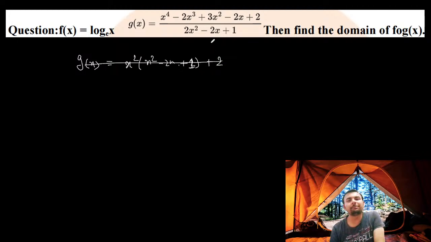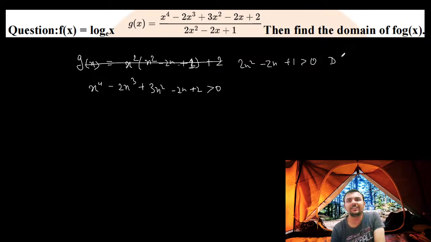Now what will happen? D is less than 0, so x belongs to R, but the upper term should be positive. That means x to the power 4 minus 2x cube plus 3x square minus 2x plus 2 should be positive, because 2x square minus 2x plus 1 is always positive, because D is less than 0.